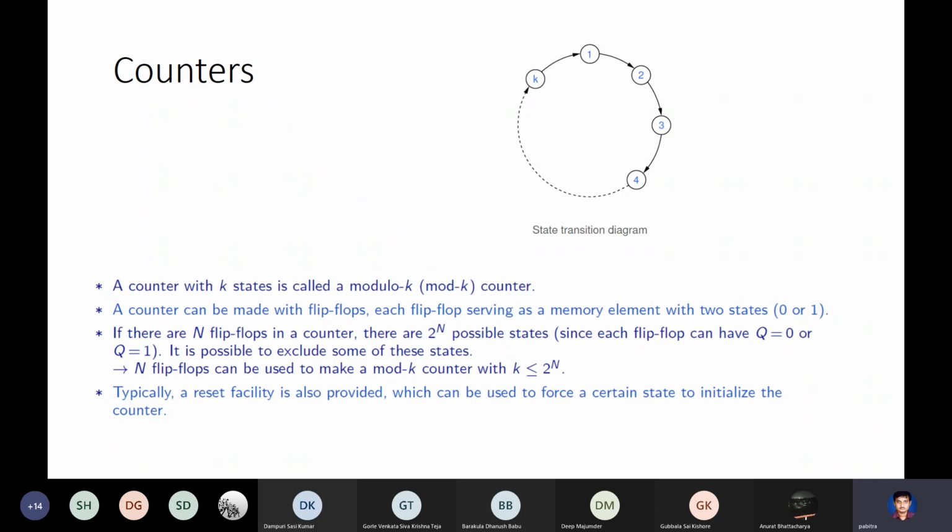So these are the basic circuit elements, and we have also seen that any of these four flip-flop types can be converted to another by a suitable combinational circuit, easily by adding additional gates.